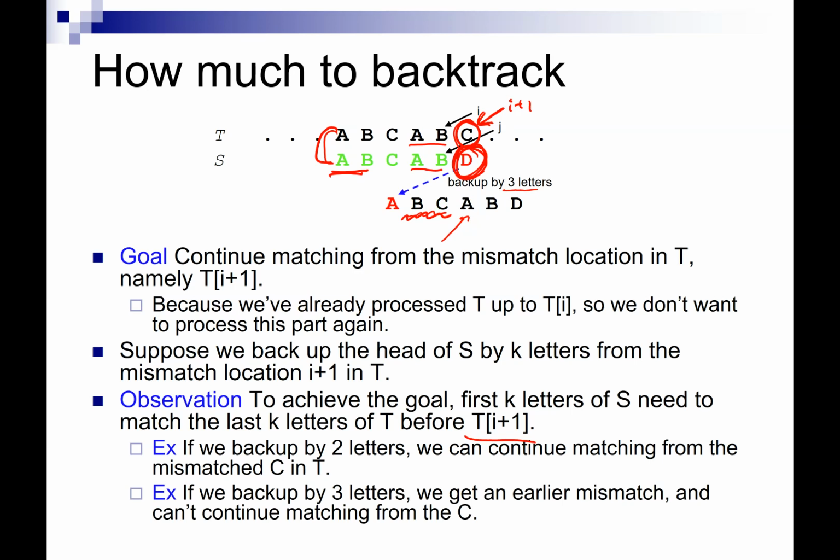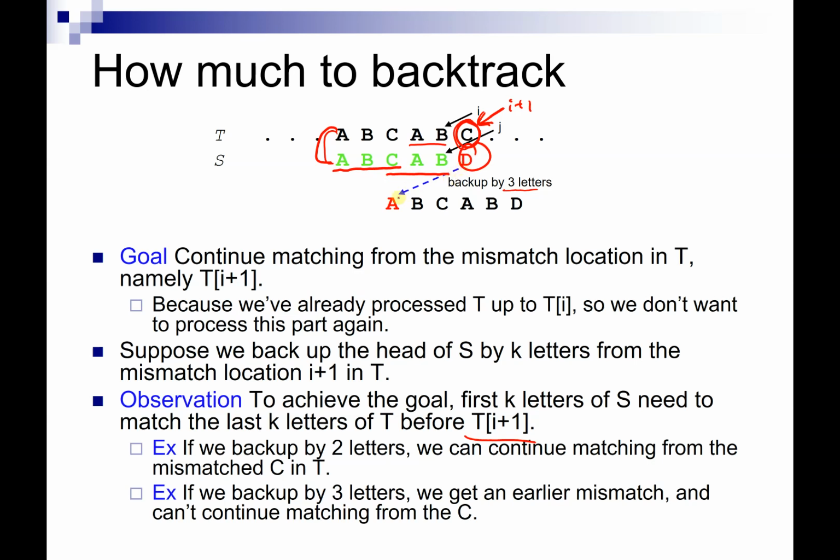Because if you back up S by more than k letters, for example, if the first 3 letters of S do not match the last 3 letters of S before the mismatch location, then there's no point trying to back up S by 3 locations.